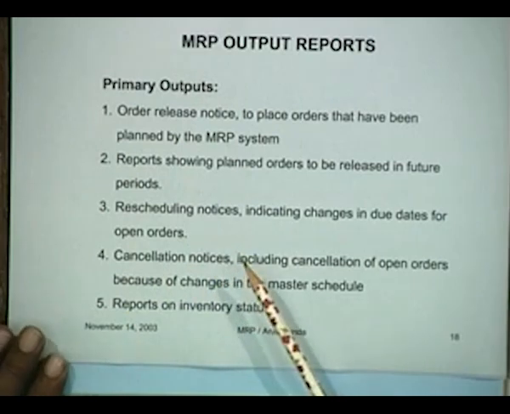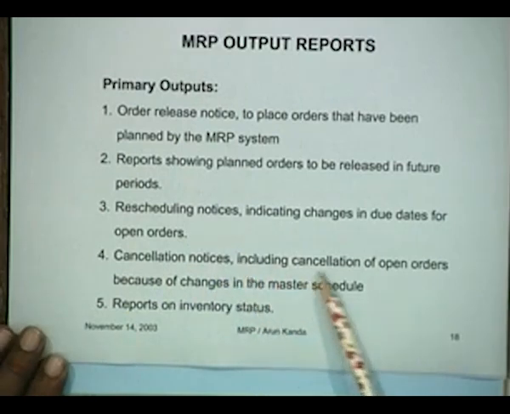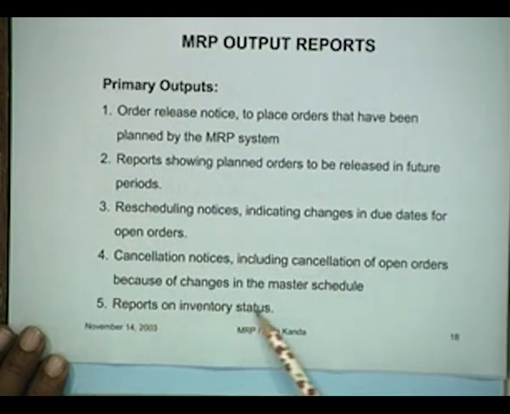Cancellation notices, if the demands are cancelled, including cancellation of open orders because of changes in the master production schedule, this can be determined. And then reports on inventory status can be made available to you directly from an MRP system. These reports, what we called primary reports.